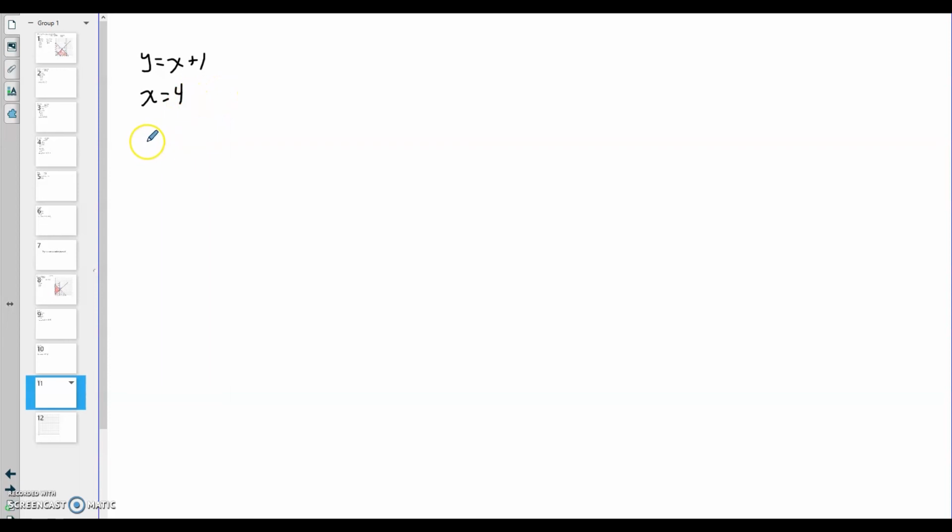So we've got y equal to x plus 1, and this time we take the 4 and sub it in for x. So we get y equal to 4 plus 1, or y equals 5. So the vertex C is 4, 5.